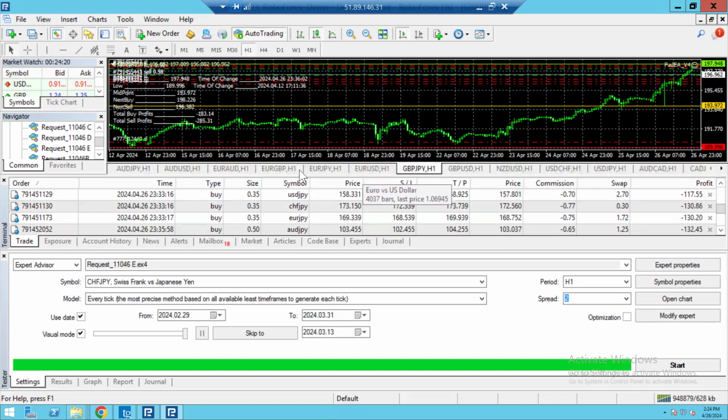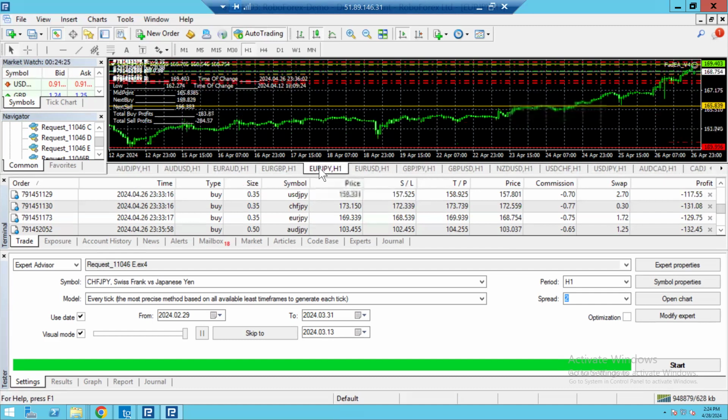Okay, so let's look at one or two more examples. Here again we have the Euro JPY. For the Euro JPY as well, you can see the high price is 169.4, the low price is 162.2, and the time of change for the high is the 26th of April. The low price change is the 12th of April.